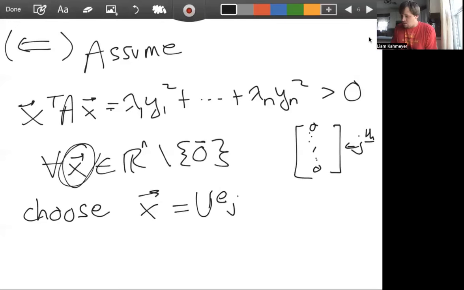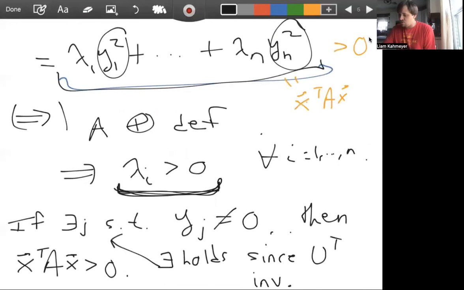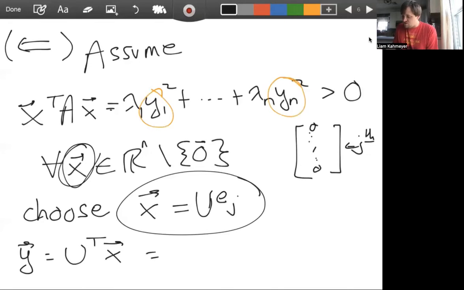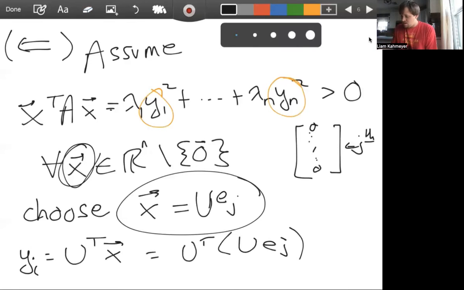Well, then we know what x is, but remember x played a role in the definition of the components y1 through yn. So we need to understand what this does to the vector y. We know y was defined to be U transpose x, which is U transpose times U e_j.